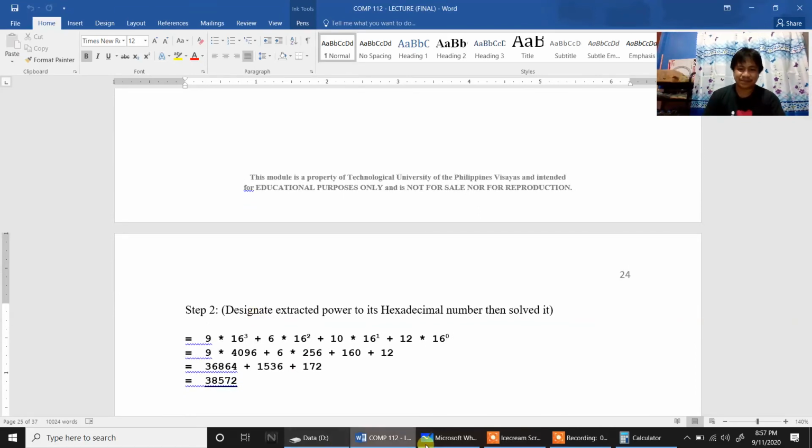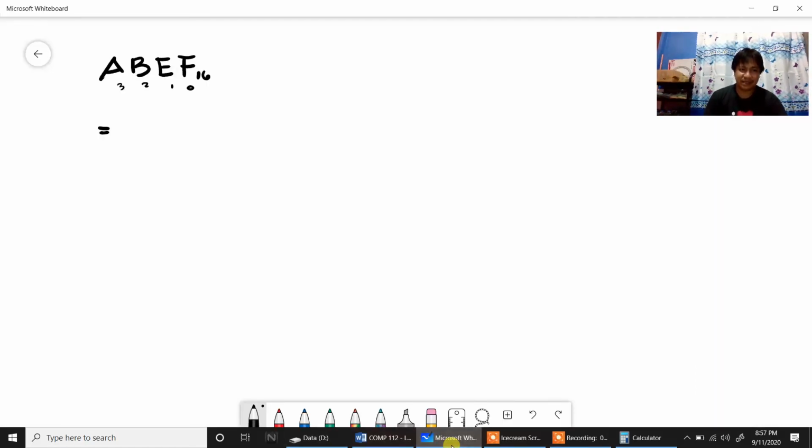Okay, so here, as I've said, A is 10 times 16 to the power of 3, plus B is 11 times 16 to the power of 2, and E is 14 times 16 to the power of 1, plus F is 15 times 16 to the power of 0.